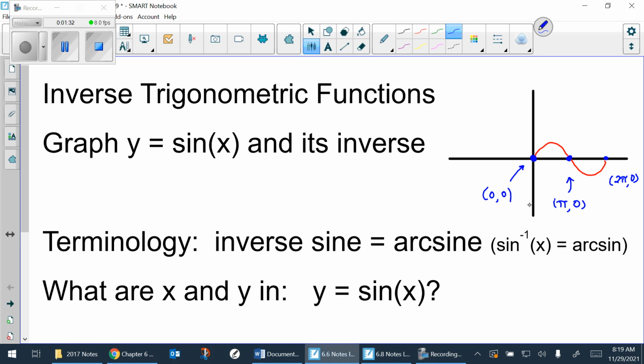So if I want to, in blue, graph the inverse, I've got to flip-flop these x and y values. Well, you flip-flop 0, 0, you're still at 0, 0. You flip-flop these guys, and you have 0, pi. You flip-flop these guys, and you have 0, 2 pi.